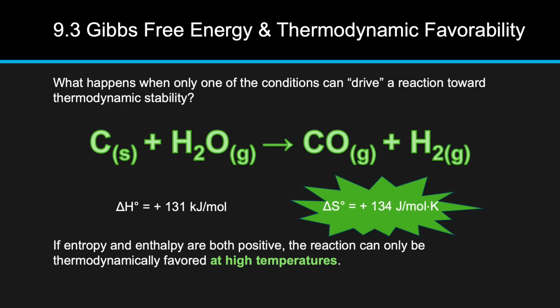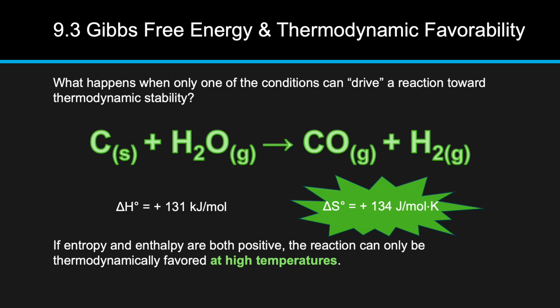All right, so for this equation, we are given a positive delta H and a positive delta S. The positive enthalpy means that the reaction requires energy input, or is endothermic, which is not favored. However, the positive entropy means that the system becomes more disordered, which is in fact favorable.